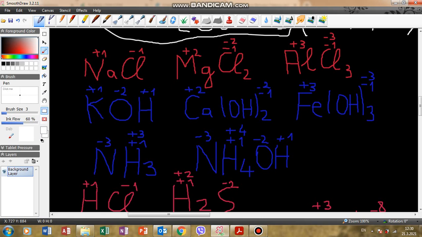For example, when it comes to sodium chloride, you have the sodium atom, which has charge +1, as we said earlier, because it is in the first group of the periodic table of the elements, and the chlorine atom, which is here -1, because the overall charge of each single compound or molecule has to be 0.